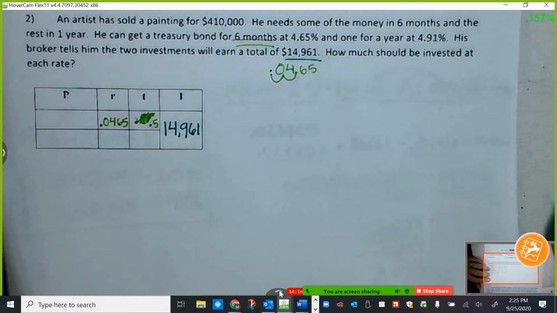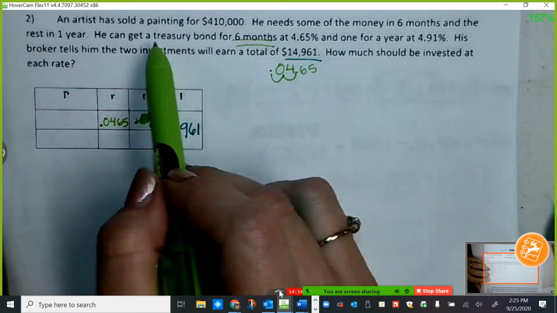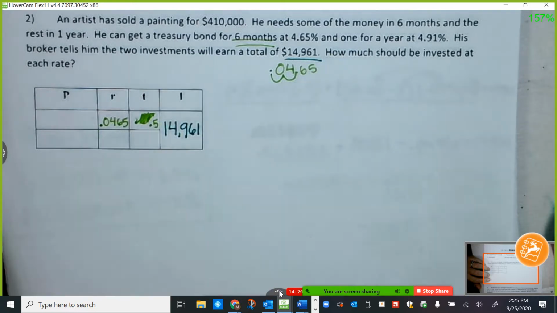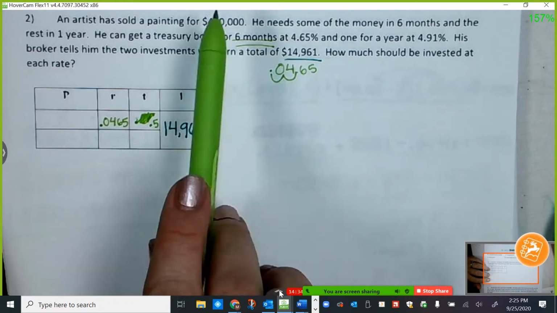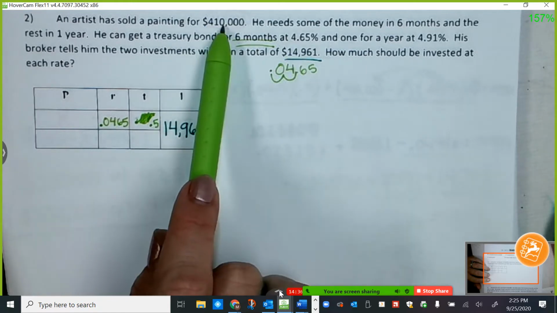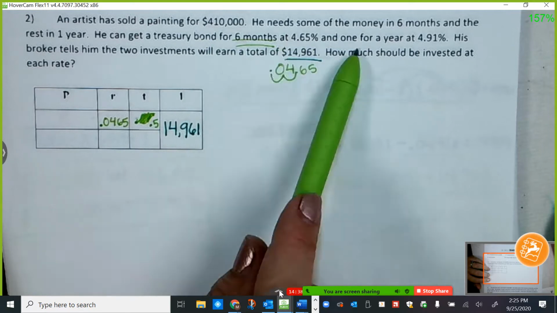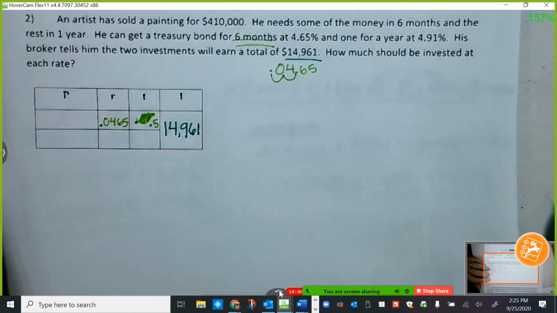Knowing that, does it tell us anything about how much is invested? It tells us the percent, yes, but doesn't it tell us the total amount? But does it tell us how much in each? No, so what do we use as our first unknown?